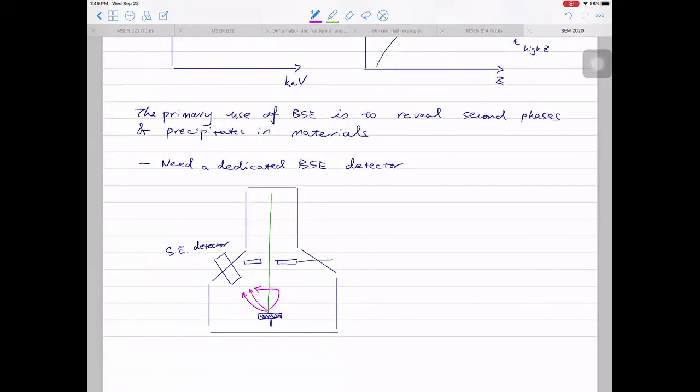So the magenta lines, those are SE secondary electrons captured by the secondary electron detector. And the backscattered electrons, remember they backscatter, they swing back. They are captured by the BSE detector.